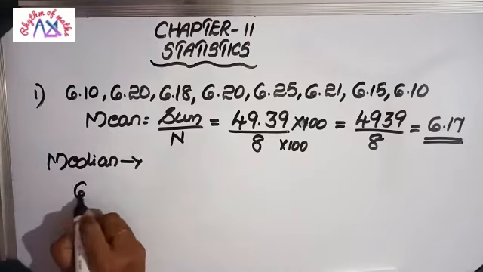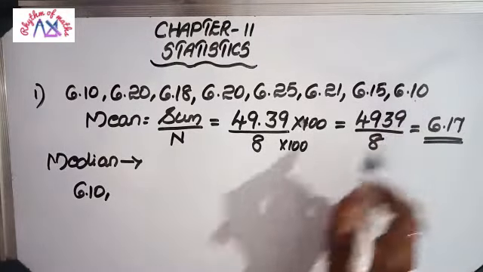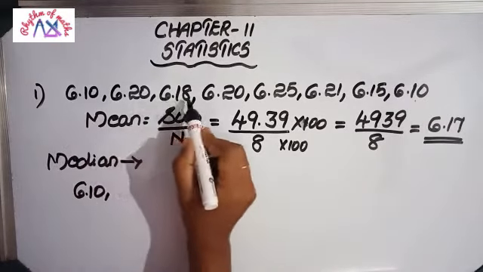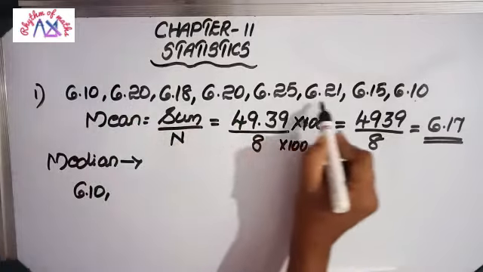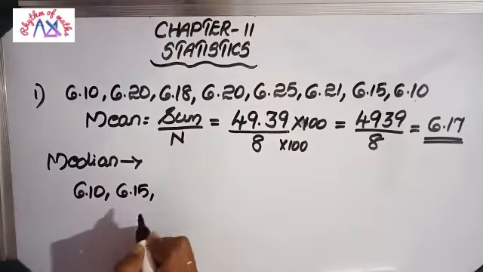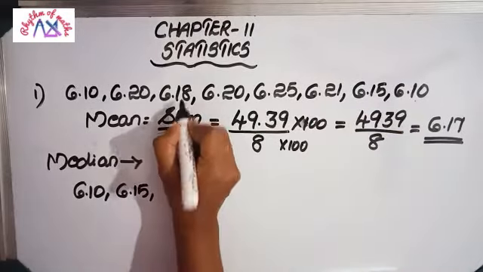So the first value is 6.10. One more 6.10 is there, but no need to consider, only one is enough. After 6.10, the next higher value is 6.15. After 6.15, next is 6.18.